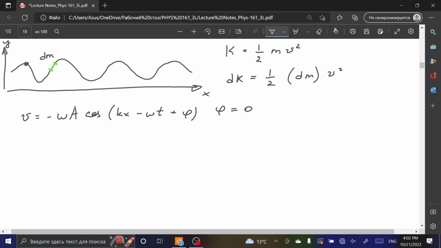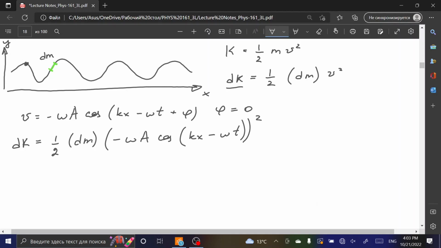When we substitute it in our expression for the kinetic energy of this small element, dK equals 1/2 dm times (minus omega A cosine(kx minus omega t)) squared.